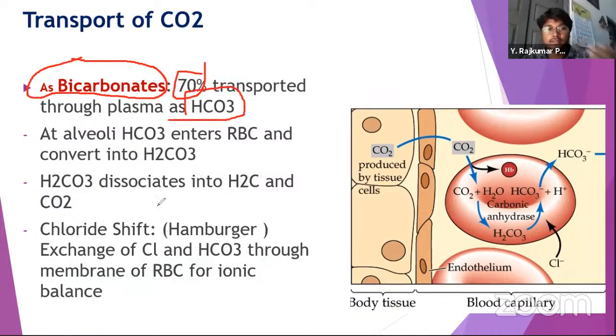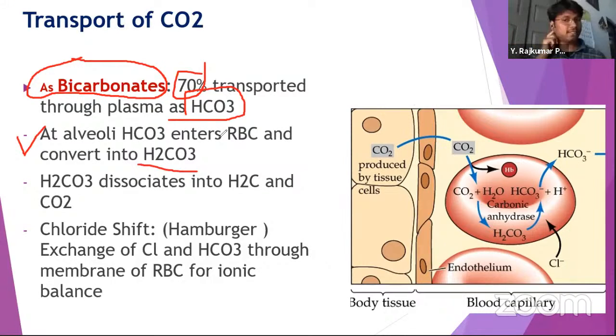In the previous slide, we learned that it is transported in the dissolved state with the help of water, and in the form of carbamino hemoglobin, that means binding with hemoglobin of RBC. Through plasma it is transported in the form of bicarbonate, HCO3. At the alveoli, HCO3 enters the RBC and converts into H2CO3.